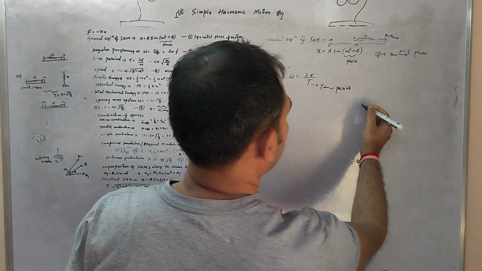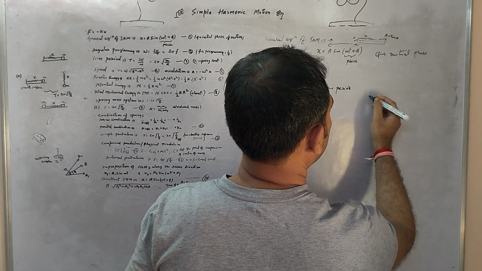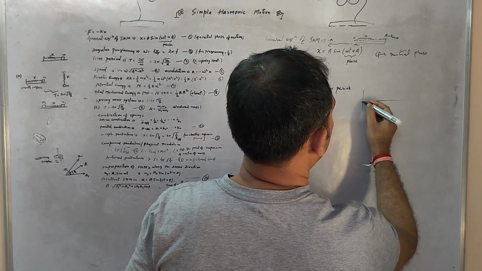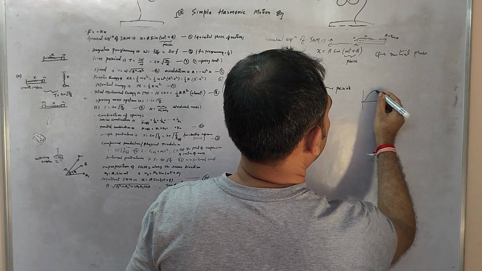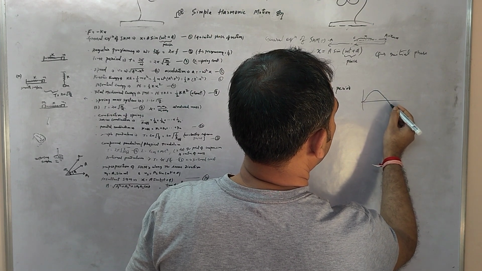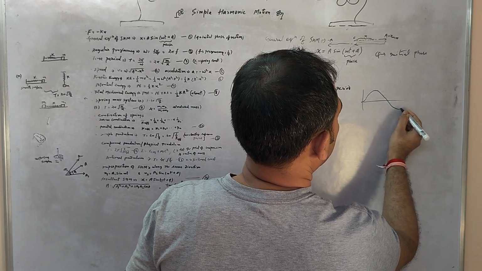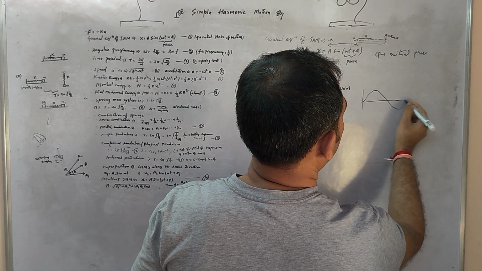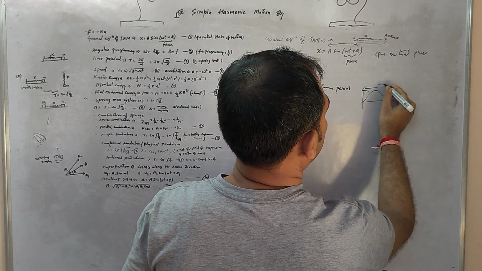So that time, if we can say 0 to A to 0, 0 to -A, again 0, this time will be the time period.